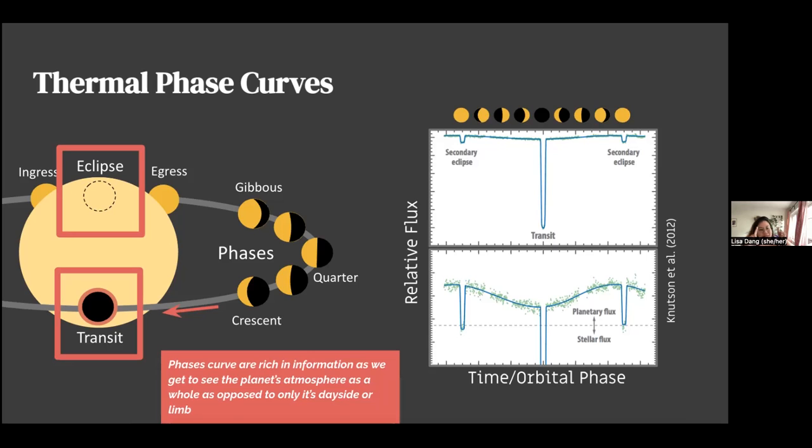You see the secondary eclipse at the two ends, but if you zoom in on what's in between, you also see this variation of brightness that is caused by the planet. And so what I'm trying to argue here is that phase curves are extremely rich in information because you don't see the planet's atmosphere only on one side, but you see all sides of the planet's atmosphere as it's orbiting around the host star.